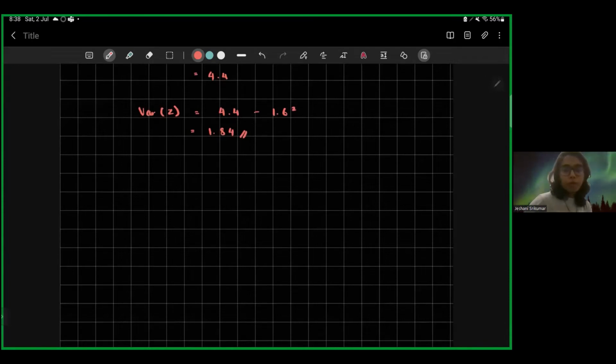So what about the probability? Poisson is a discrete distribution. So if we're trying to find the probability of, say, z equals 0, it's the same thing. We have to add the weightage in. So in this case, it'll be 0.6 into the probability of x equals 0 plus 0.4 into the probability of y equals 0.